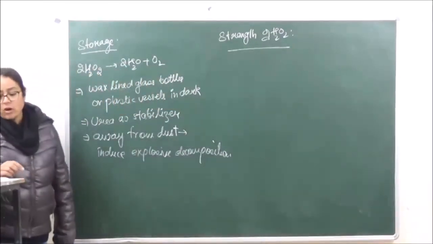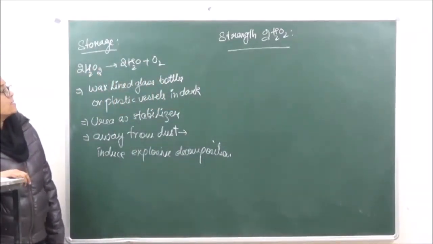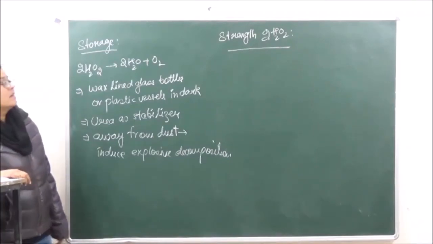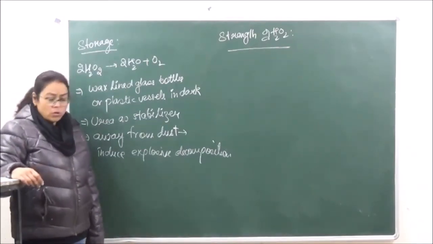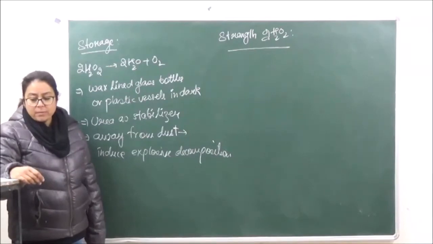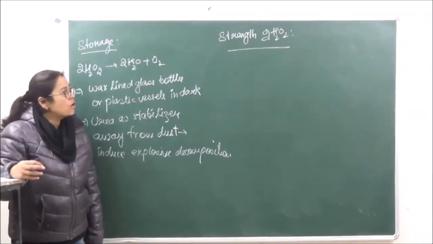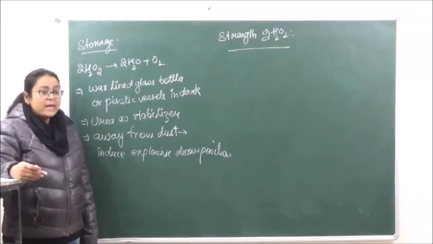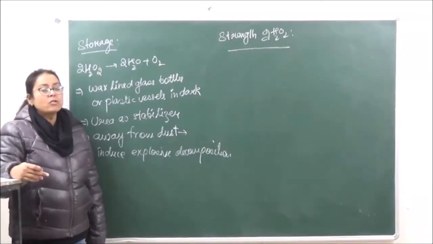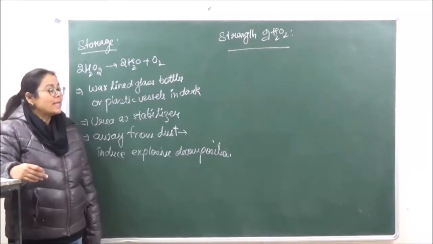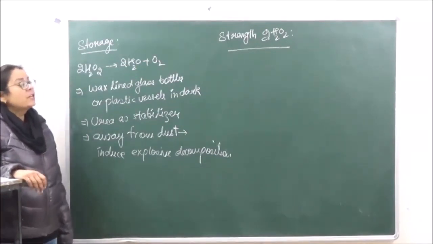Now what is the strength of H2O2? That is going to be expressed in terms of volume, and that also at NTP. It is the amount of oxygen liberated when 1 volume of hydrogen peroxide is heated. That is how we are going to calculate the strength.